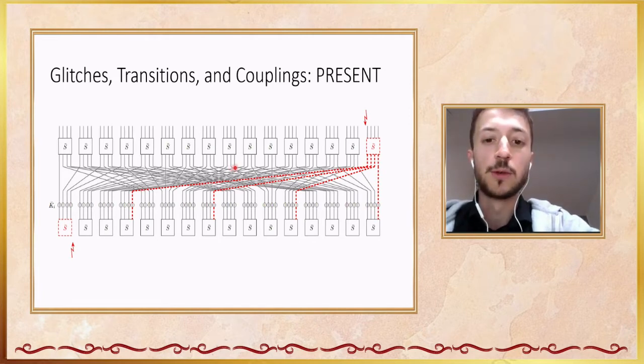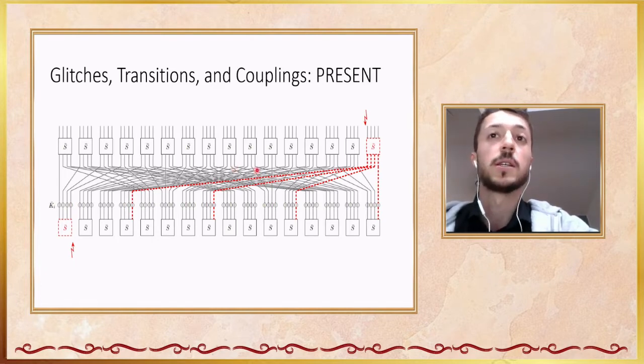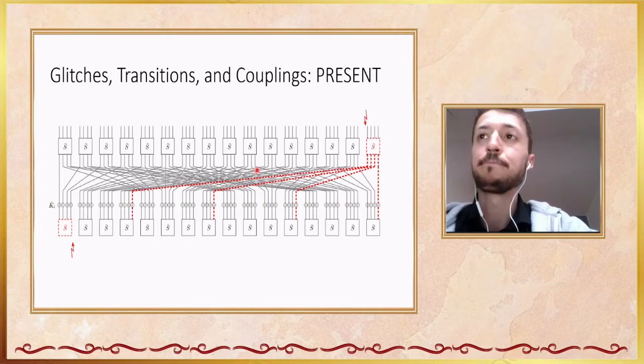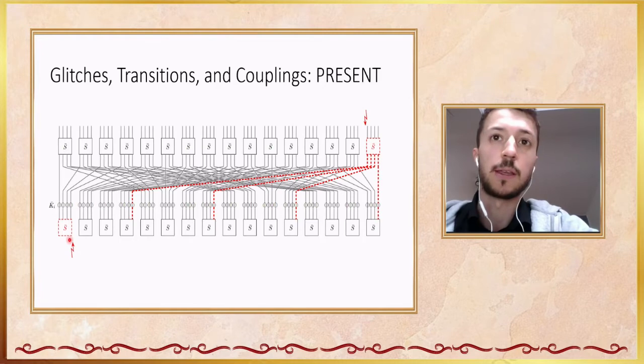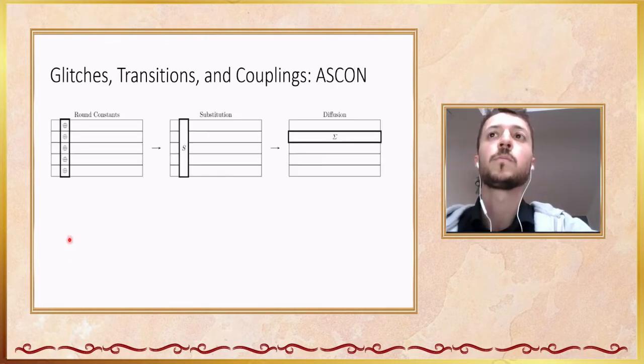Now, coupling effects don't really matter because the only thing being calculated in parallel is just one output share per S-box. So coupling effects don't actually add anything new. And if we again include transition effects, we get the same activity patterns as before. So again, this architecture in PRESENT would be secure against all of these effects from CHES 2018.